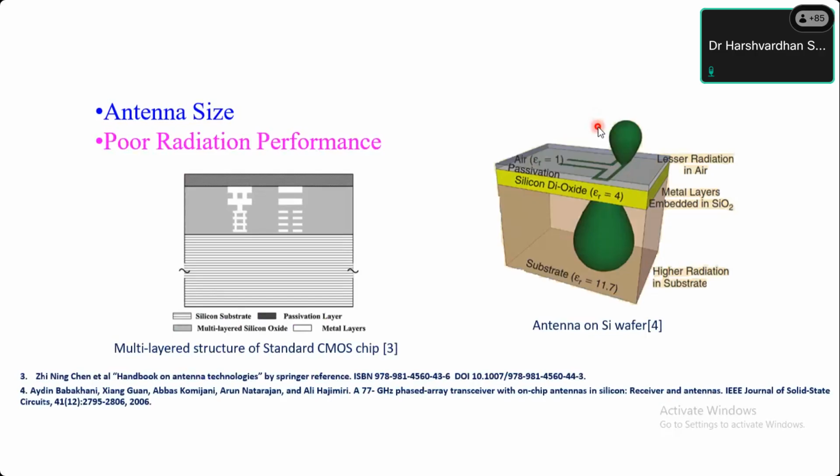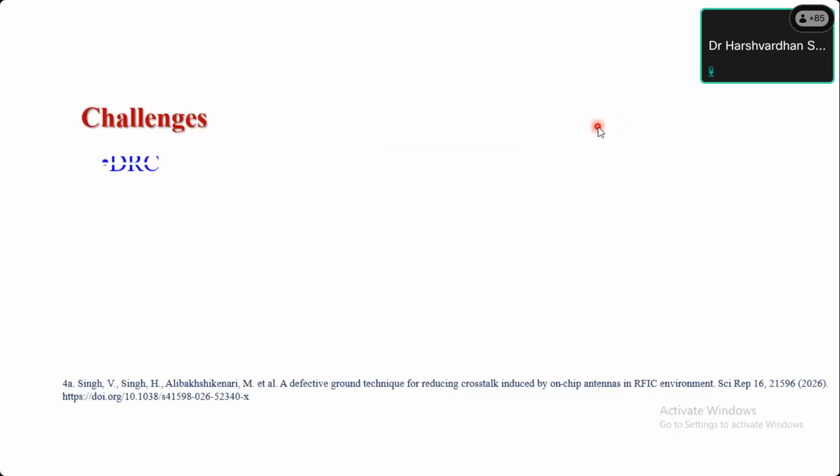Other than that, the major challenge people are doing research on is developing a design rule check. Like when we are designing an IC, if you go to any firm, there is a design rule check.